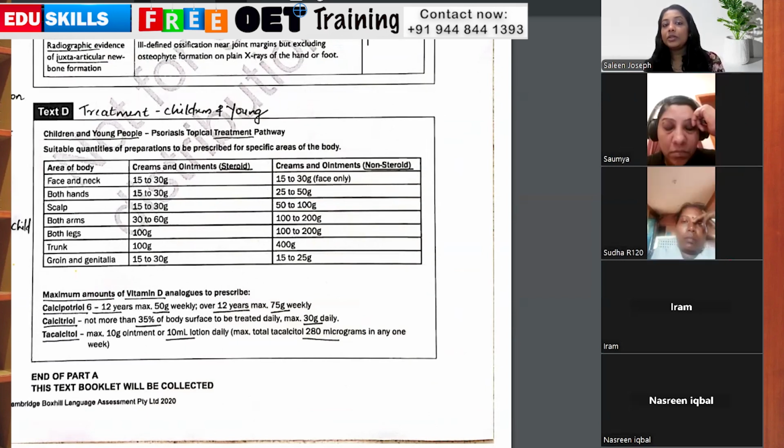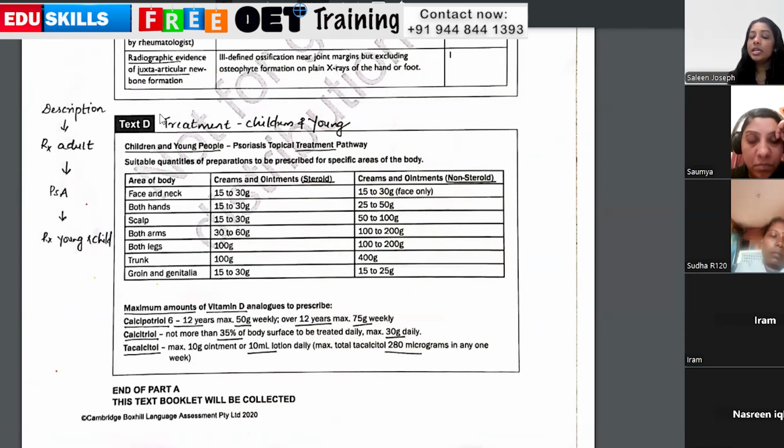So A, B, C, and D. If you're not remembering the text properly, write it in your text booklet. A is description, B is treatment for adult, C is psoriatic arthritis, and D is treatment for young and children. Then you can see this sequence and write the answer for 1 to 6 questions within 2 minutes.